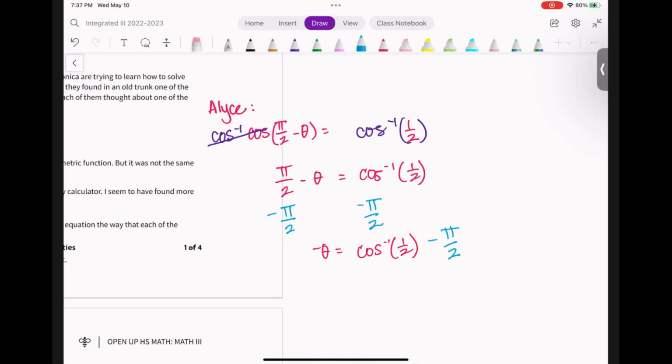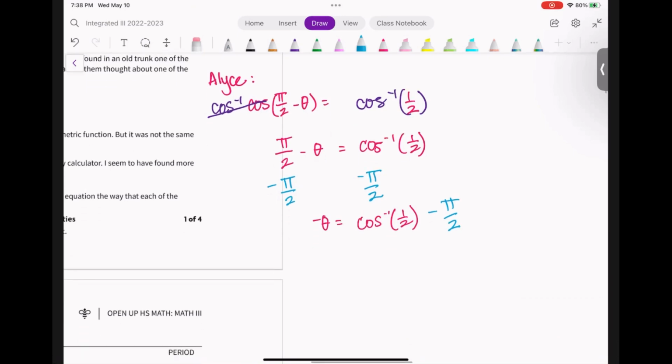You can plug in anywhere you want, but I have this tendency to plug in last, because the more times you hit enter on a calculator, the bigger your error becomes. So we're going to divide by negative 1 every single piece, kind of like distributing over division.